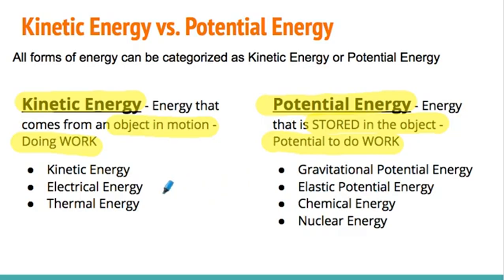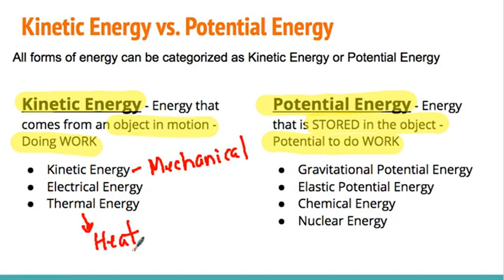There's 7 different types or forms of energy that we'll be discussing, and these fit within each category. In kinetic energy, there are 3 types we're talking about. There's the generic kinetic energy, which sometimes people call mechanical energy, then electrical energy, and then what's called thermal, which some people might call heat energy.